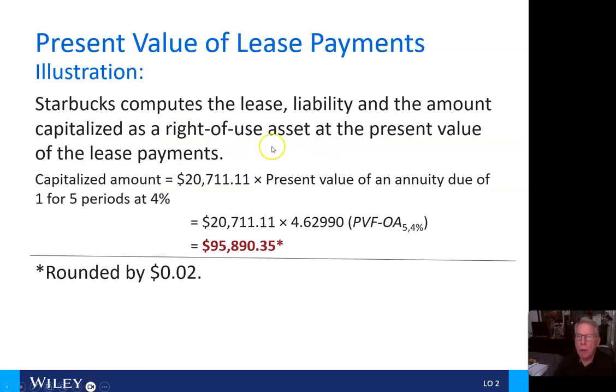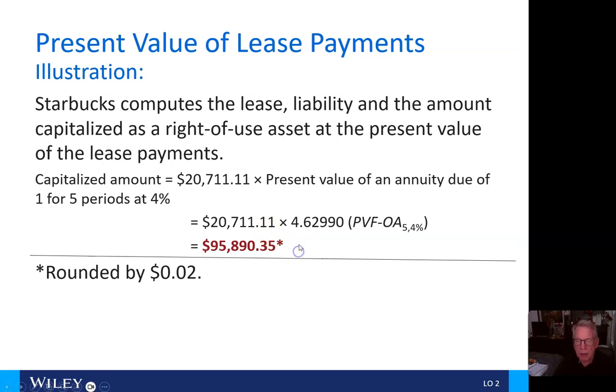Okay, so the present value here, Starbucks is going to compute the lease liability and the amount capitalized as a right of use asset at the present value of the lease payments. So the capitalized amount, that's $20,711.11 times the present value of an annuity due for 5 periods at 4%.